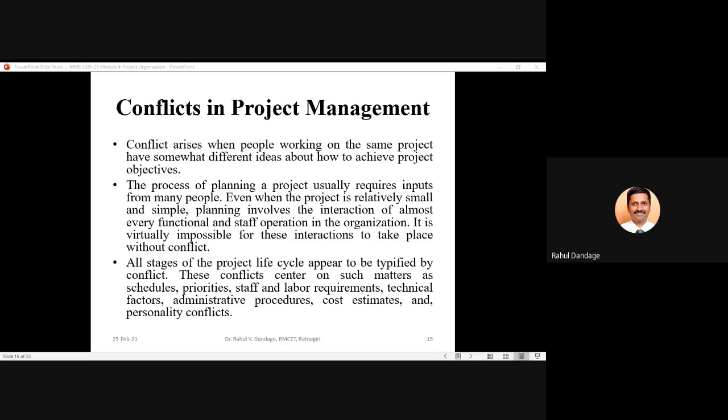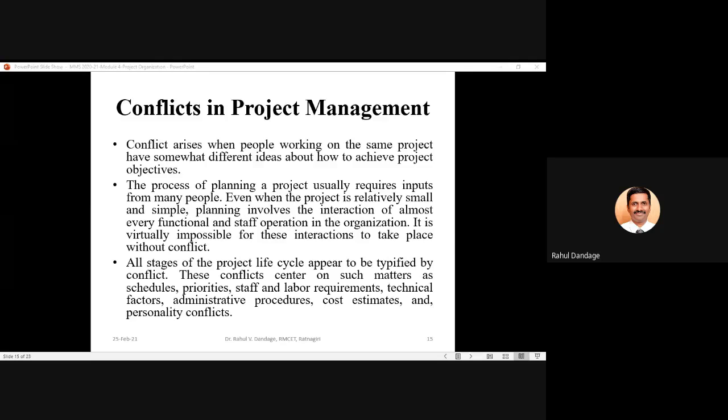So for that purpose, we should try to understand what the conflicts in project management are, what the sources and categories of conflicts in project management are, and then how to resolve these conflicts, because keeping the conflicts as they are is not advisable. There needs to be some standard methodology adopted to resolve these conflicts.